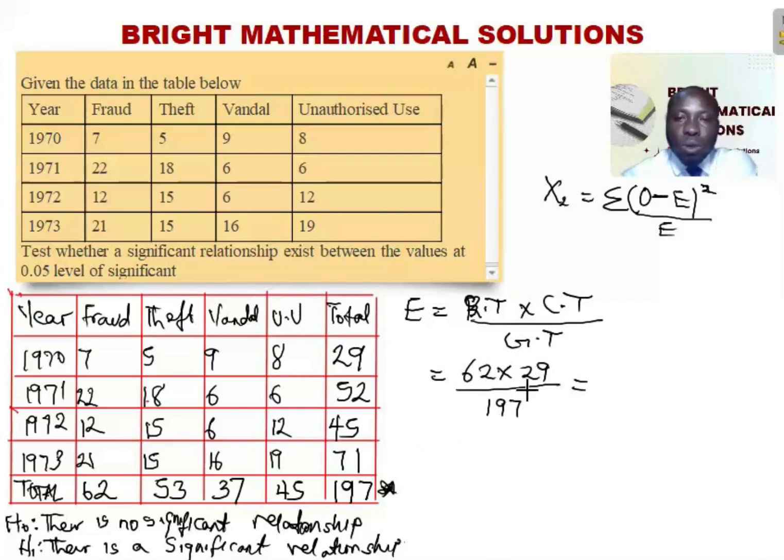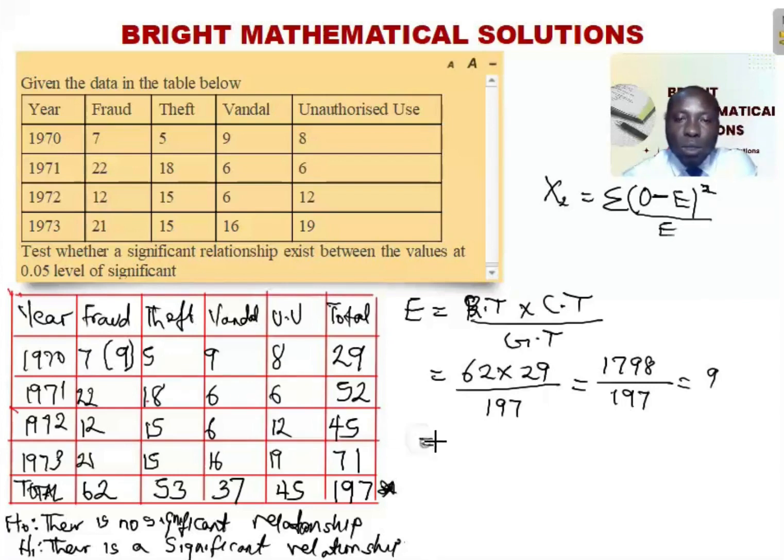So 62 multiplied by 29 gives me 1798 divided by 197, and I'm approximating everything to whole numbers, so this gives me 9. So I'm going to come back here, open a bracket and write 9. So the first number is my observed, the second one is my expected.